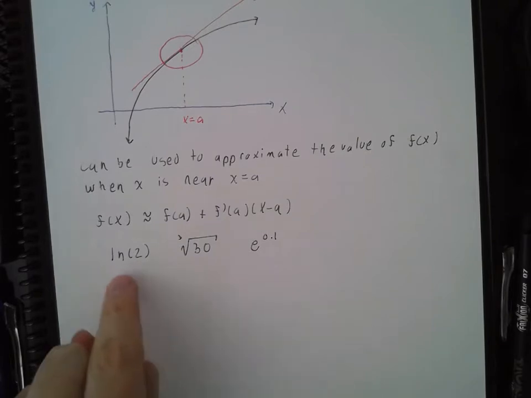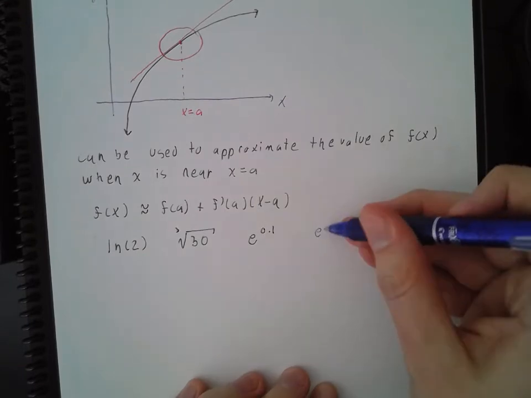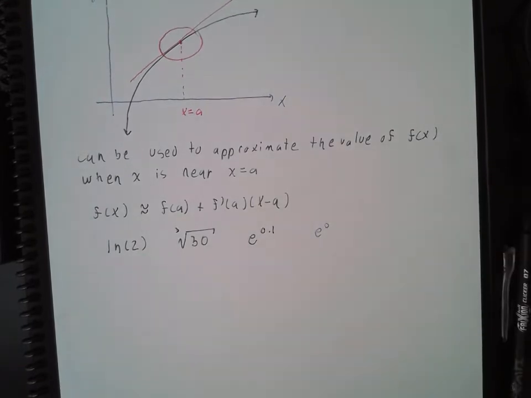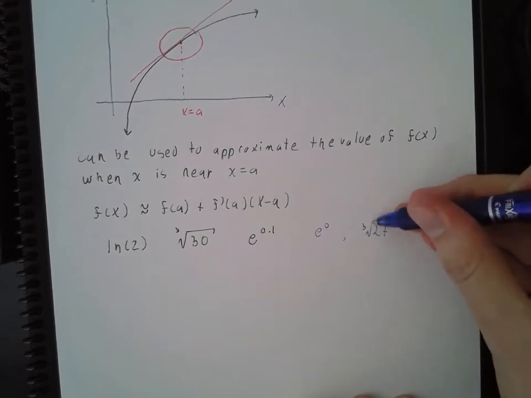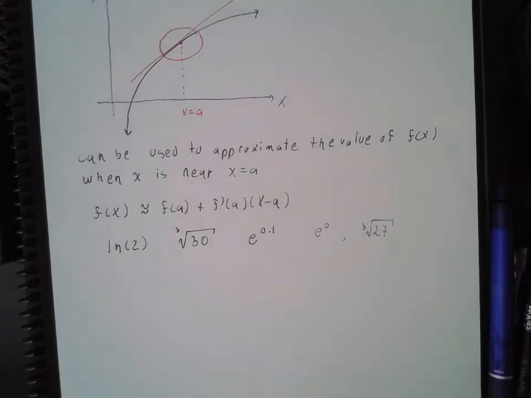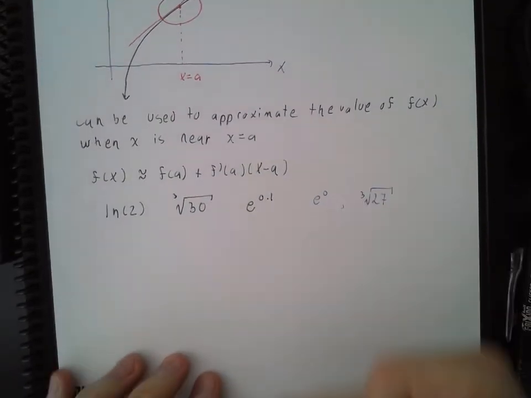So if you want to approximate these values, we can use the fact that we know the value of e to the 0, and we know the value of the cubic root of 27. With logarithm we have to be a little bit more creative, but even with that we can approximate a value, and then we're just going to use this approximation.